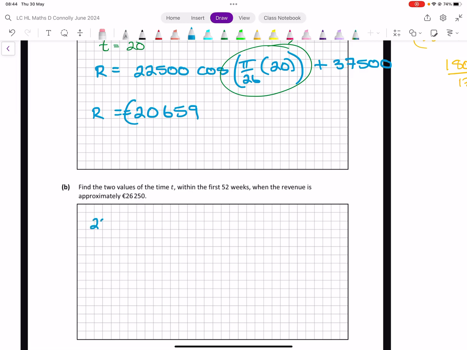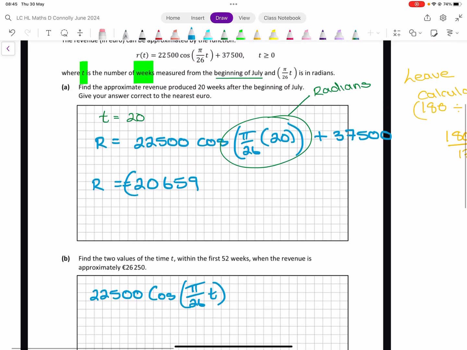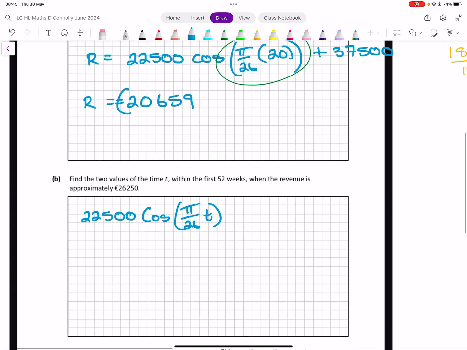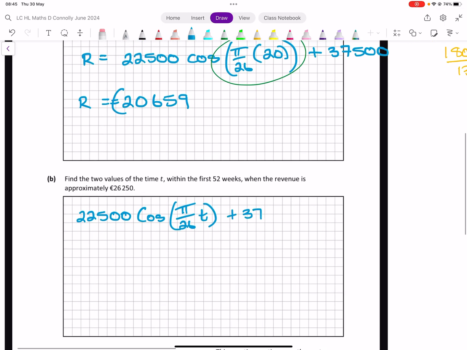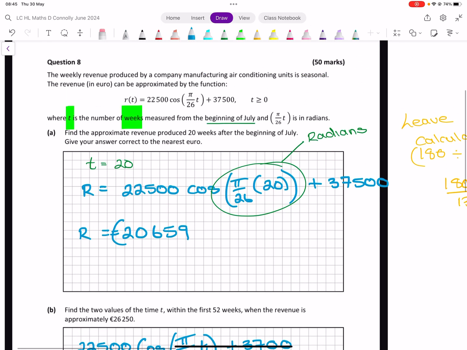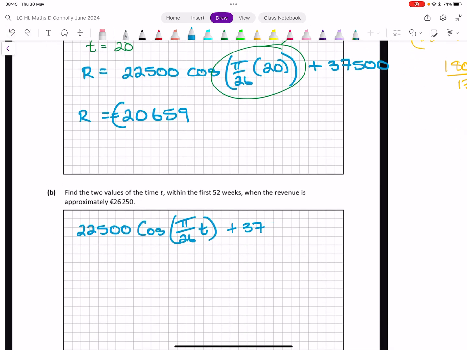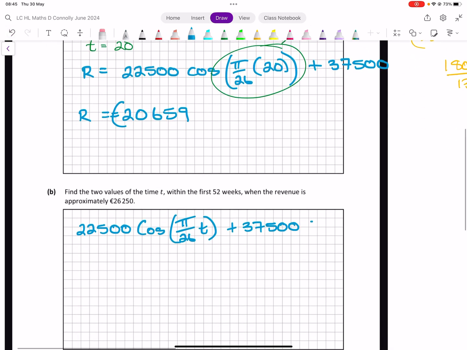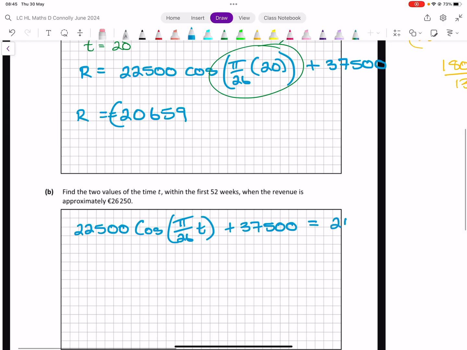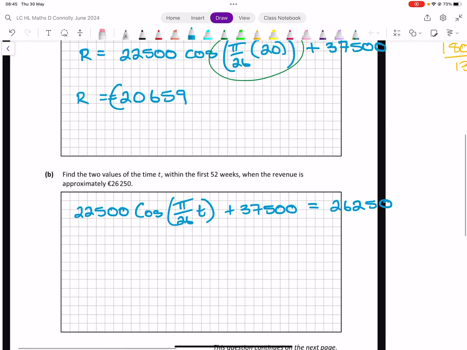So it's 22,500 cos of pi over 26t plus 37,500 equals 26,250. Right, so let's get isolating.